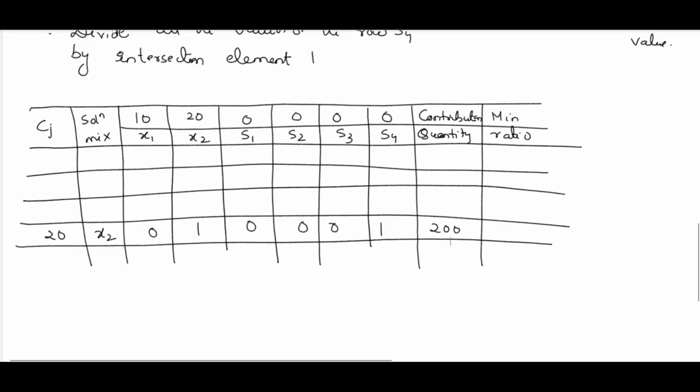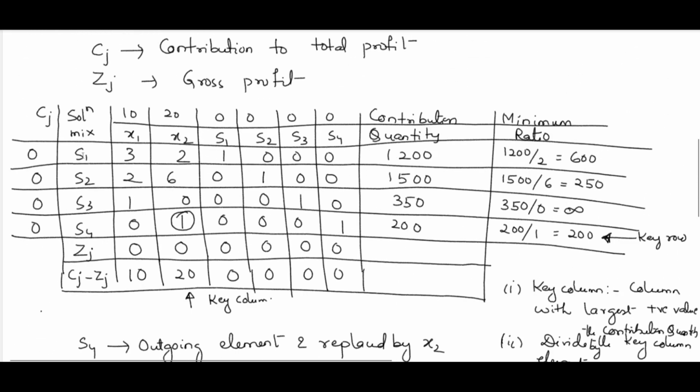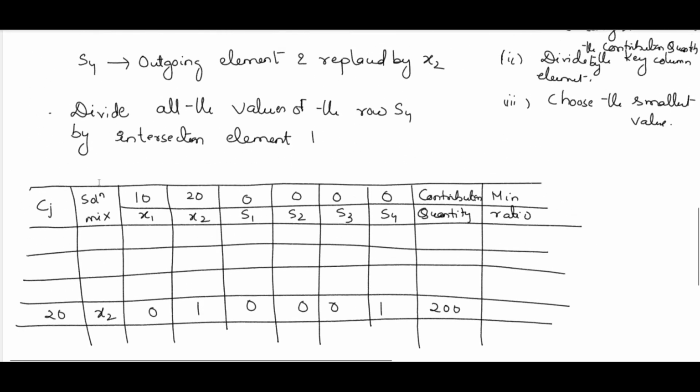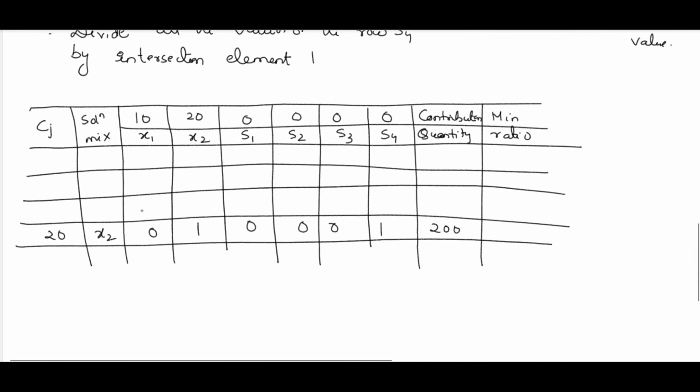Next we have to determine the updated S1 row, updated S2 row, and the updated S3 row. So I am telling you a general formula for updating the S1 row, and the same thing will be followed for the remaining rows. Here the contributions for S1, S2, S3 are 0, 0, 0.